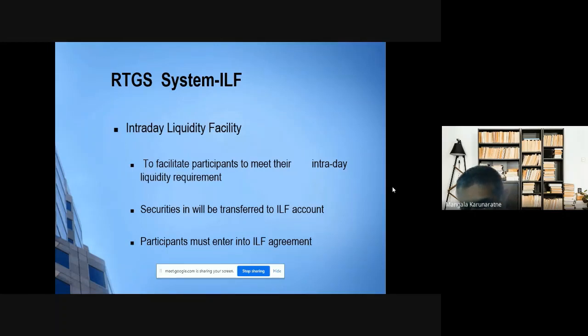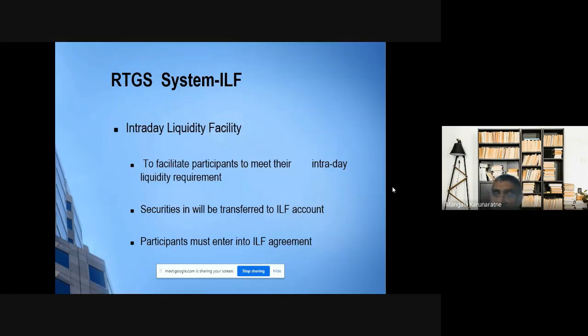So you have to see this situation quickly, and before the cutoff time of 8:30 you have to provide money. Banks don't know what they are going to receive, but early in the morning they can get to know, because Lanka Clear processes this early in the morning.